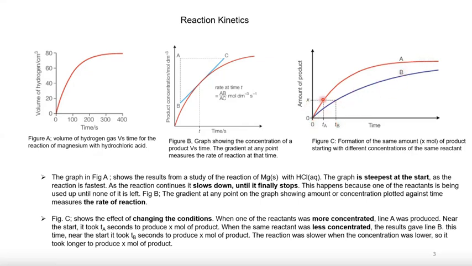Here is the formation of X mole of product at time Ta, and the formation at time B. This curve shows one type of rate of reaction, and this curve shows another. So this is what is called the continuous method.